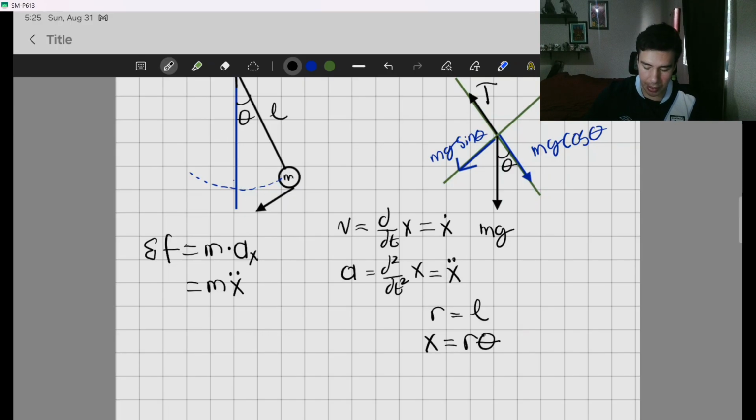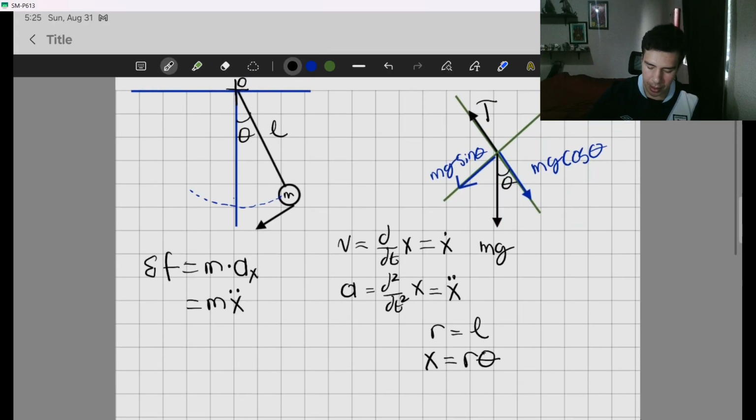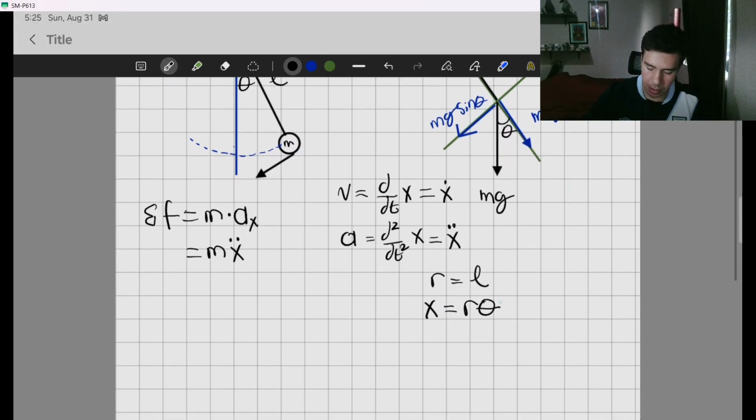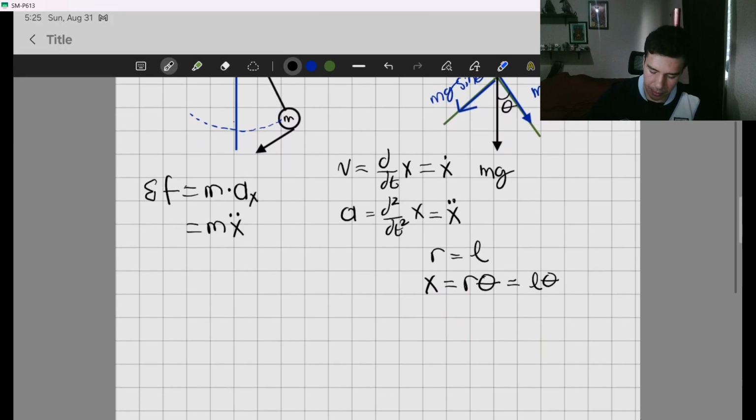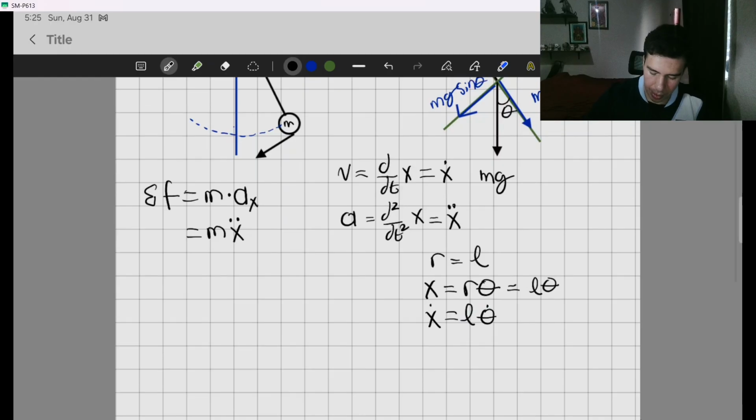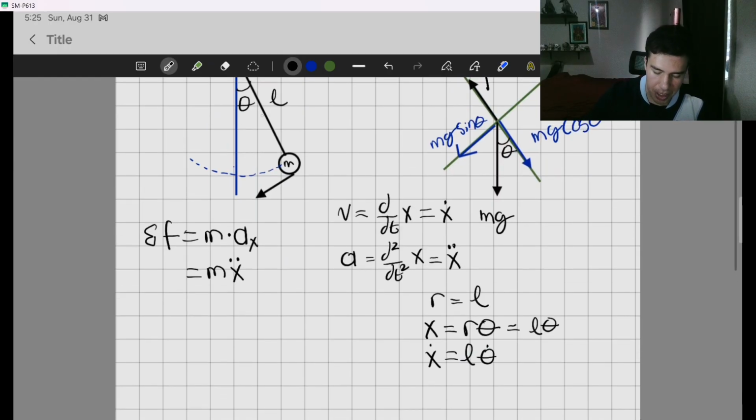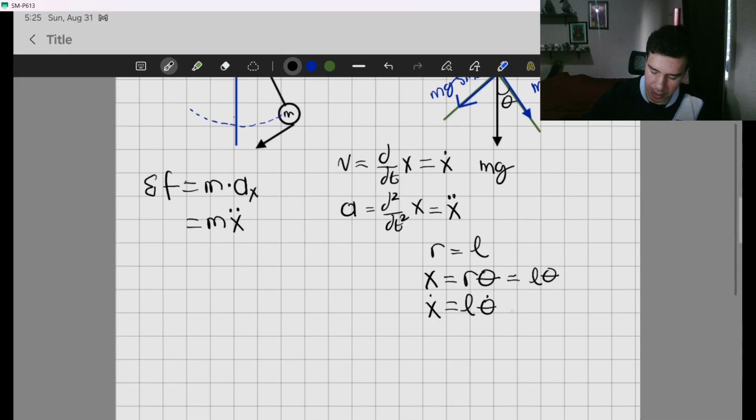The length of this arc will be provided by this equation. So using the substitution that we mentioned, x will be L theta. So the velocity of the system will be x dot. L is constant, so it remains constant, and the angular velocity will be changing alongside this, so this is the only thing that changes.